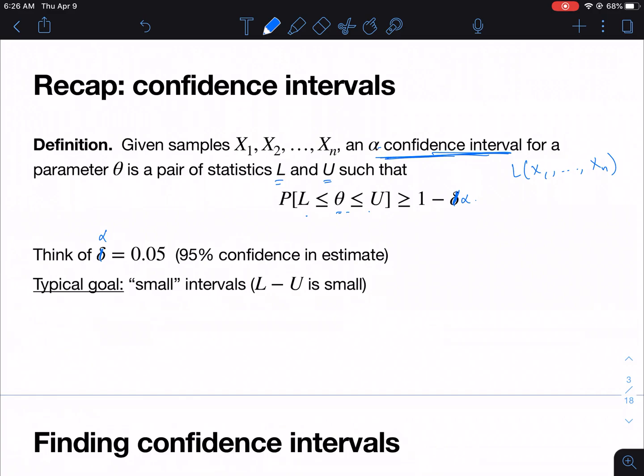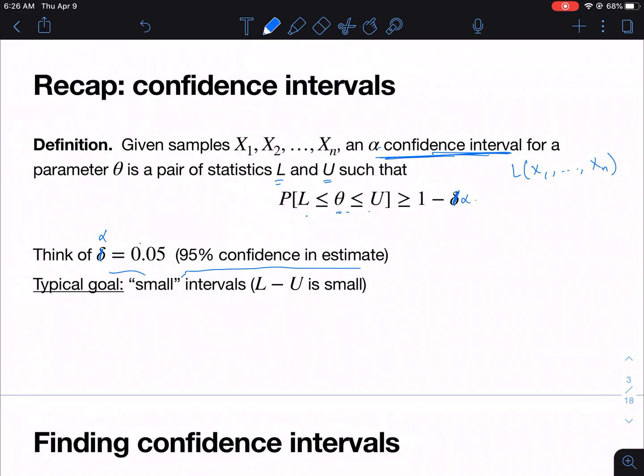Okay, and we said that usually we think of alpha as something like 0.05 or 0.01, but based on the application, alpha could be way smaller. Okay. And if we said alpha equals 0.05, that corresponds to having 95% confidence in the estimate that you provide, right?